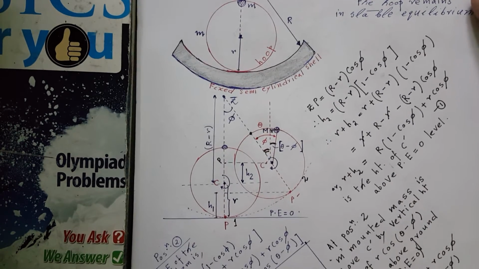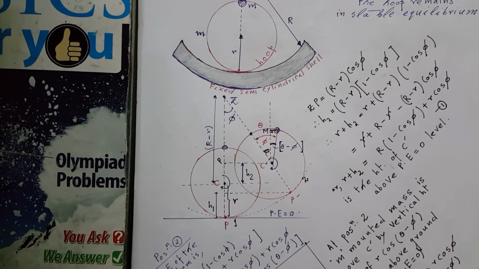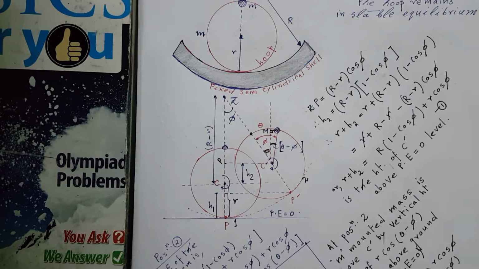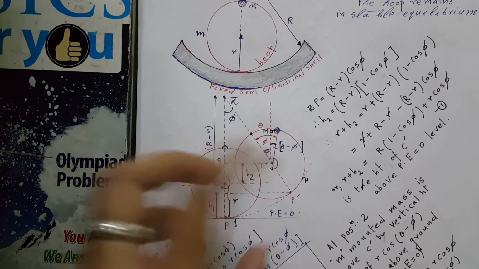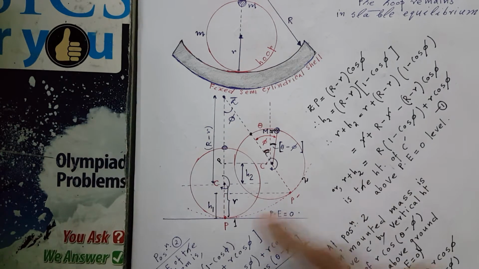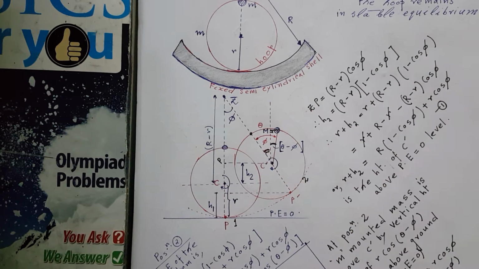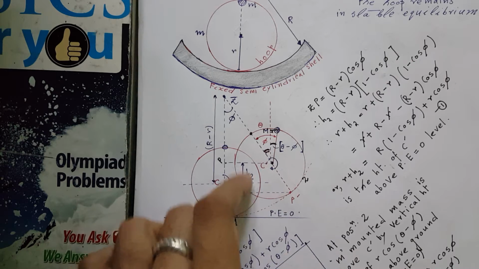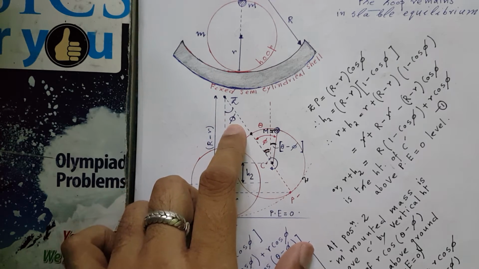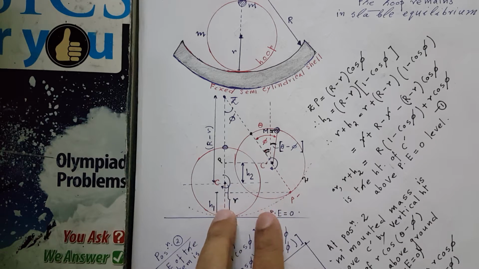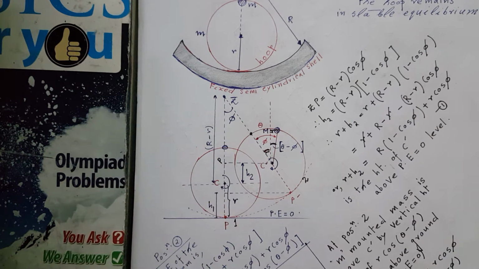I want you to see this diagram thoroughly. Suppose the hoop rolls over this fixed semicircular shell. As it rolls over, the center of mass moves in a circular path, covering an angular displacement phi. Suppose this is t equal to 0, this is t equal to t, for a small angular displacement phi.